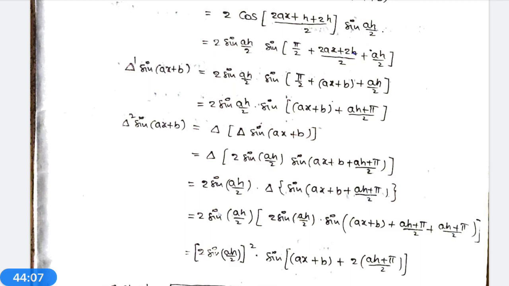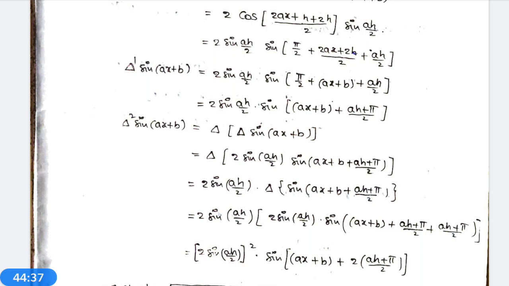Call it 1. Delta square sin(ax+b) is equal to delta of delta sin(ax+b), which is delta of 2 sin(ah/2) into sin(ax+b+(ah+pi)/2).